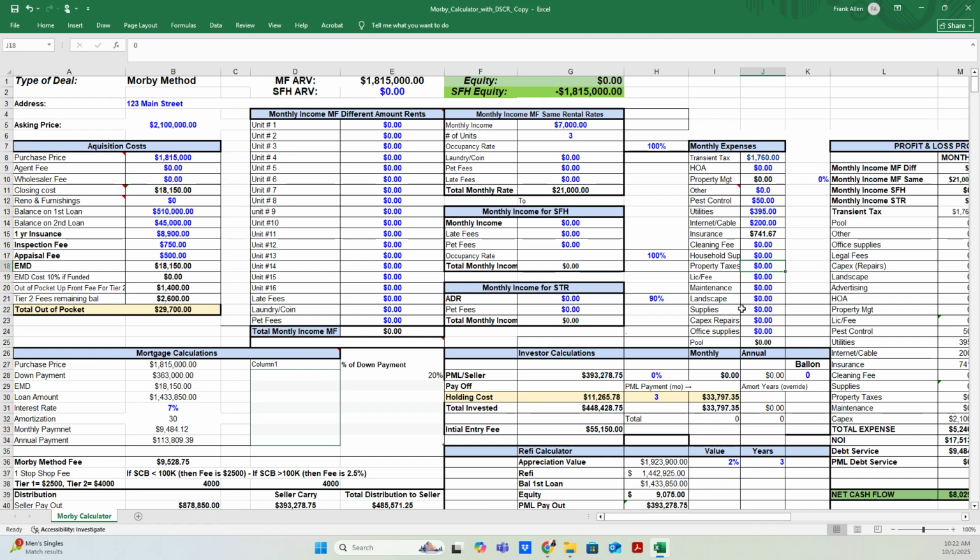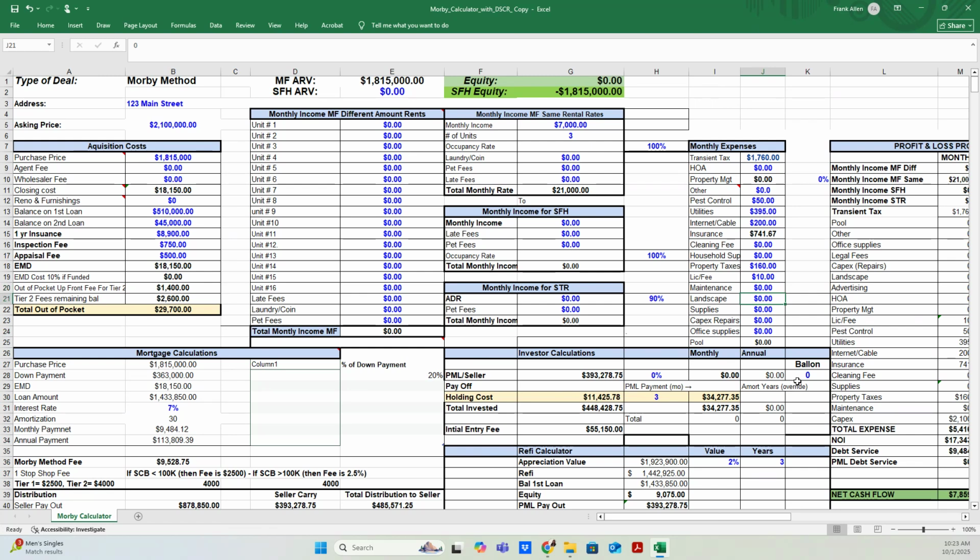Property tax was $160 a month. However, that'll probably go up once he buys this place. It always does. Licensing fee, usually that's about $120 a year, so I'm going to put in 10. Maintenance, I'm going to leave at 0, although he will have maintenance, and that will come out of his CapEx report.